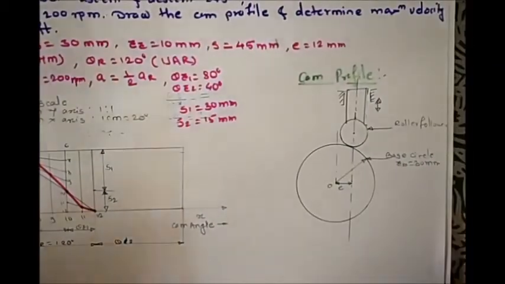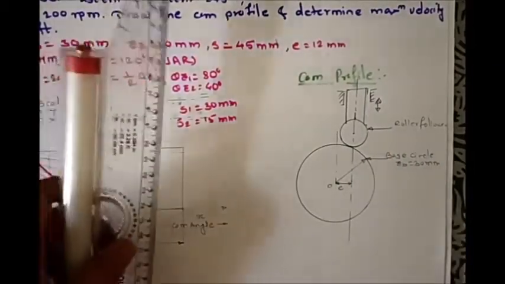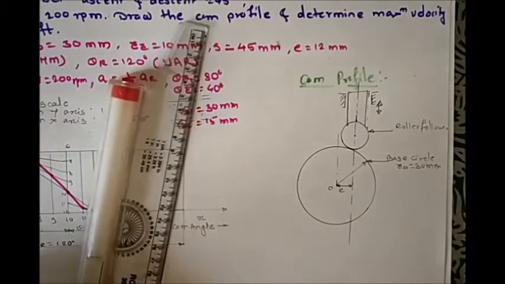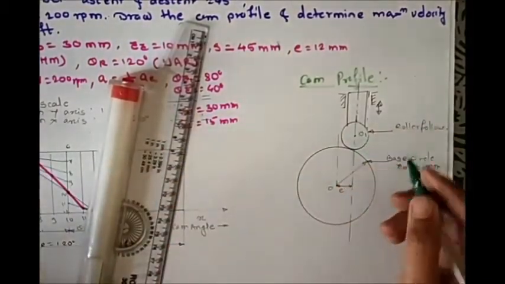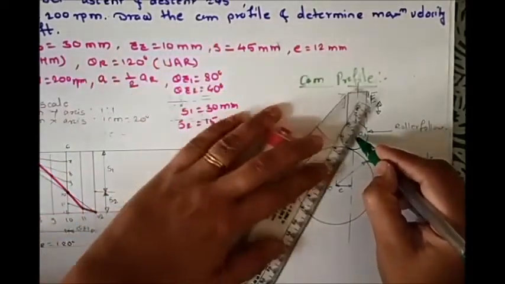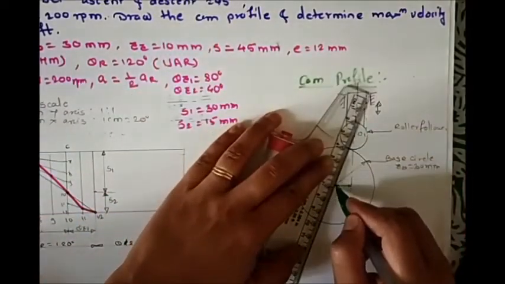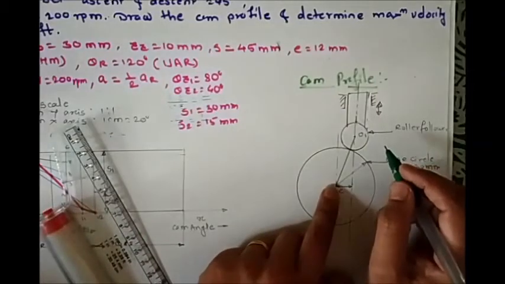So here we have the construction of the roller follower. Now as we have seen, this roller is offset with the cam. Now join the center of the roller with the center of the cam. So this is an important step when offset is mentioned.